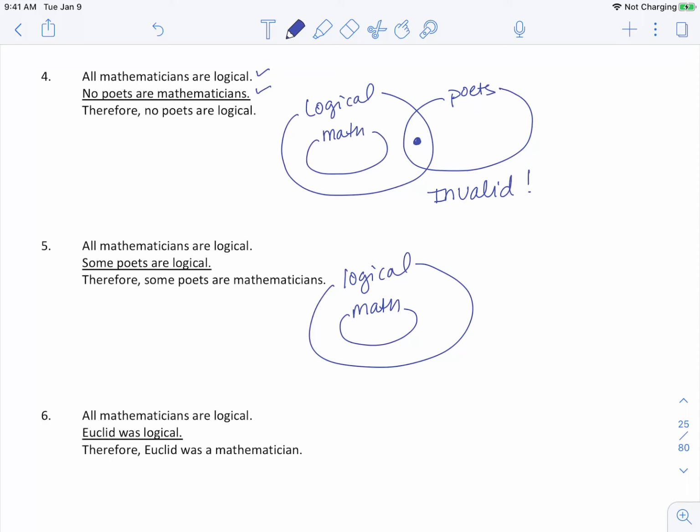We have some poets are logical. So I can draw a picture here with some poets overlapping with logical. Therefore, some poets are mathematicians. Well, here I have some poets are logical, but the poets do not overlap with mathematicians. So again, these two premises are true, but our conclusion is not. This is a counterexample again. So this argument is invalid.